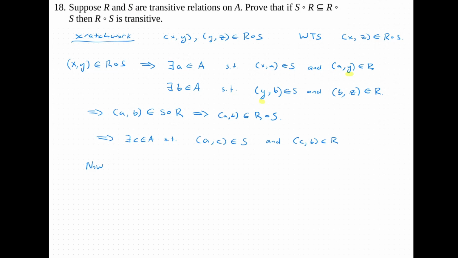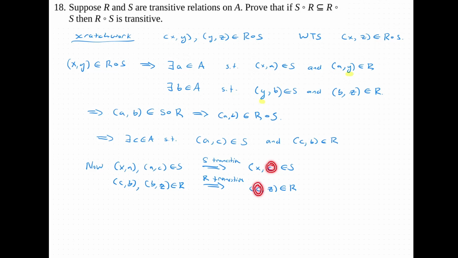So we have (x, a) and (a, c), both in S, and since S is transitive, we get that (x, c) is in S. Similarly, we have (c, b) is in R, and if we come back to here, we have (b, z) is in R. And so we now use that R is transitive, and we get that (c, z) is in R. But we got the missing link, because now we have the intermediary c that allows us to say that (x, z) is in the composition.